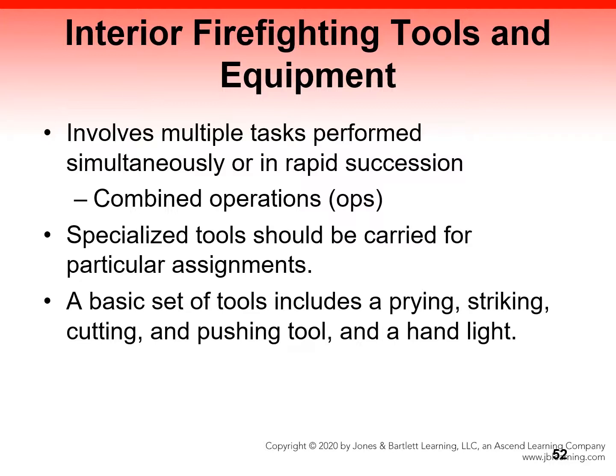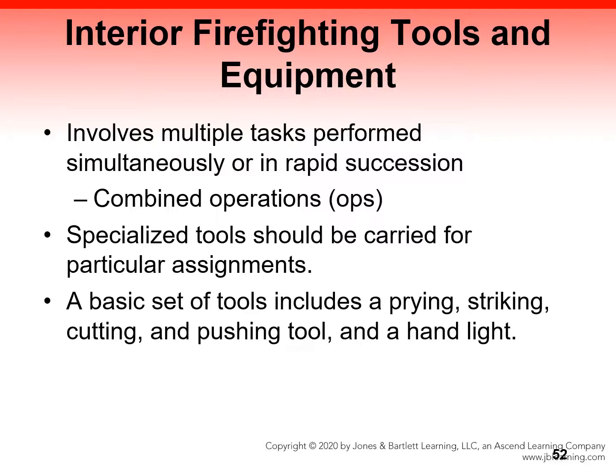They may have to gain access to the space above the ceiling by using a pike pole or to make a hole in a wall or floor with an axe. A powerful light is important because smoke can quickly reduce interior visibility to just a few inches.